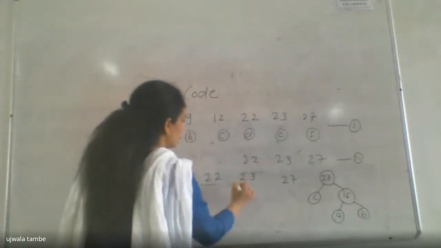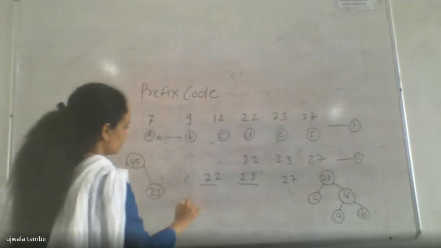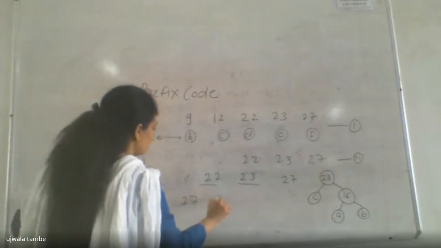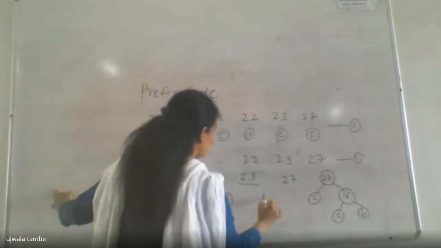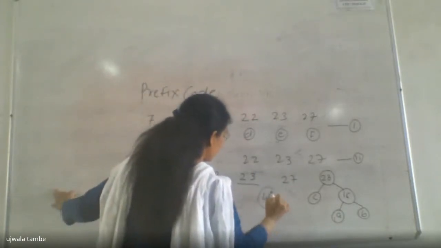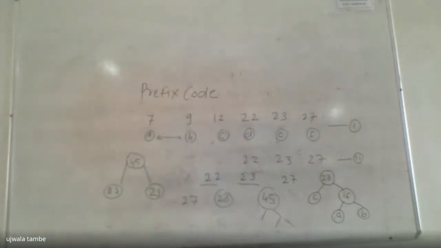Now 22 and 23 are already completed, so the next generated trees will be, write down here, 27, 28 along with all nodes, and 45 along with all nodes. Make it complete in your notebook.